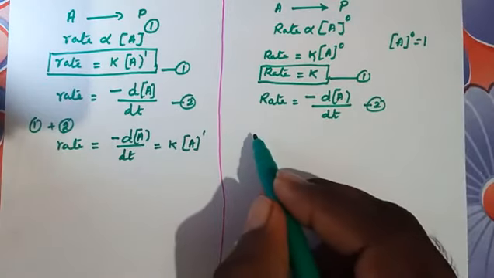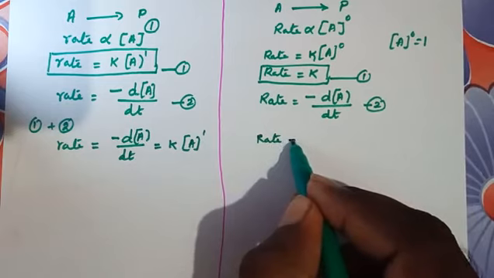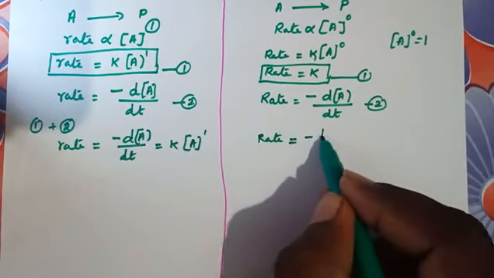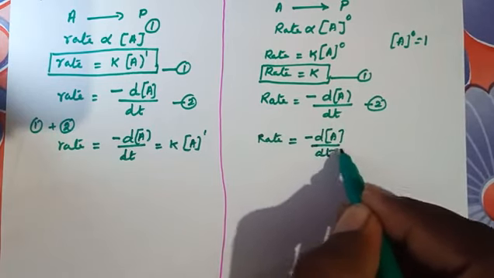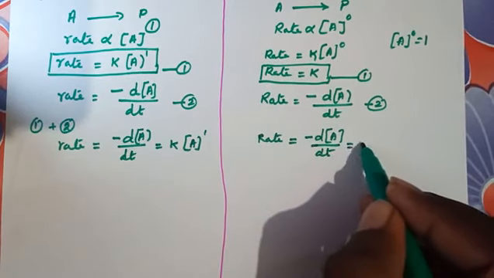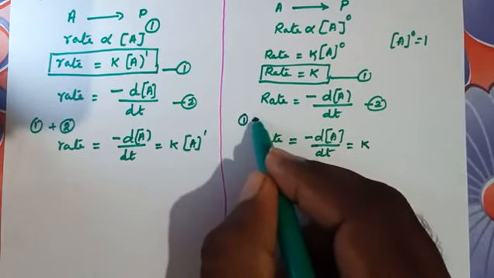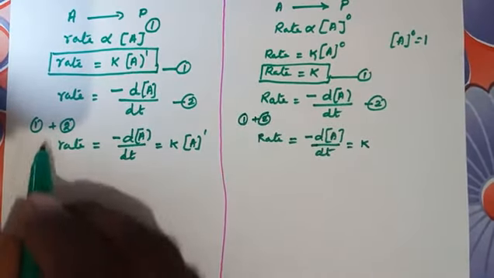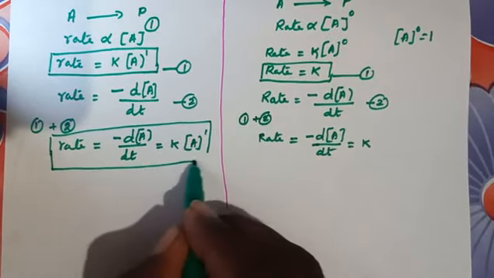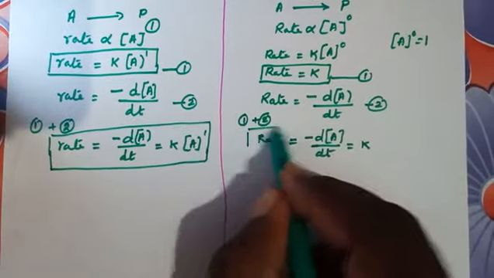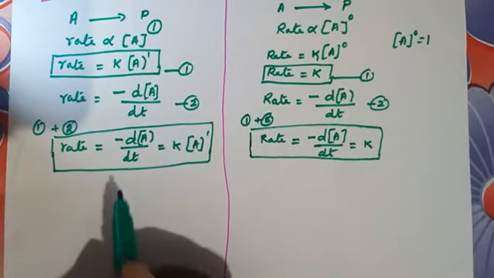In the same way, for a zeroth order reaction, rate equals minus d concentration A divided by dt, equal to k. This is the combined form of equations 1 and 2. This combined form is otherwise known as the integrated form of rate law for zeroth and first order reactions.